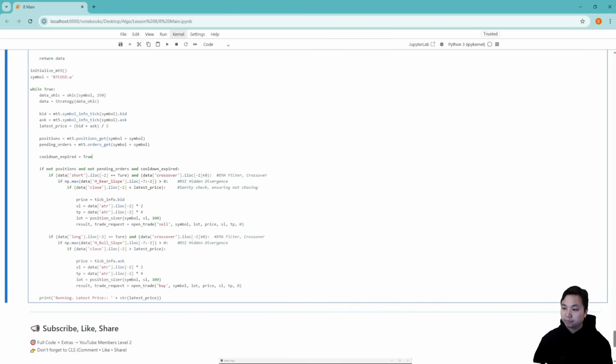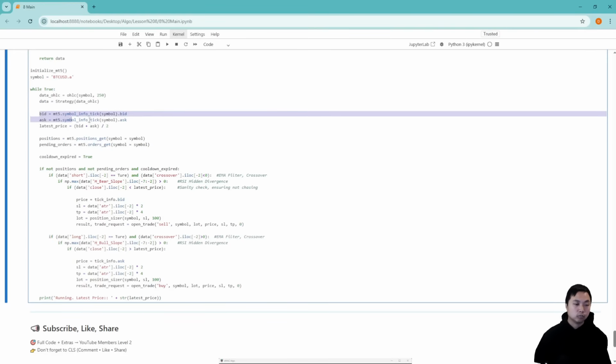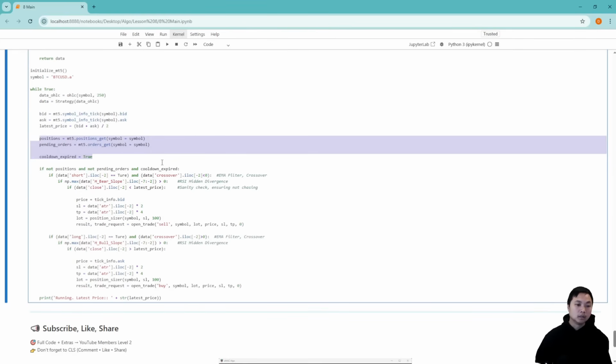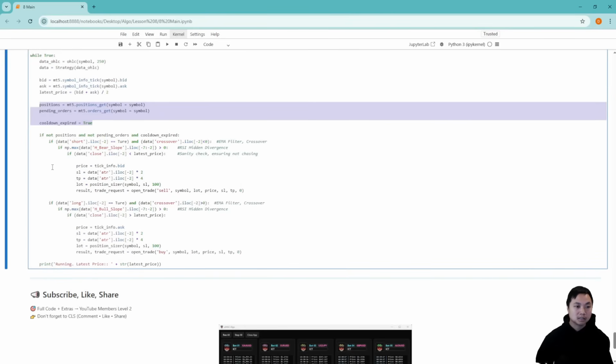And then inside the main loop, we just get the data and put the data into the strategy, and then we calculate the latest price, and then we check for the first layer of conditions, making sure that we don't have any positions or pending orders to avoid repeated trades.